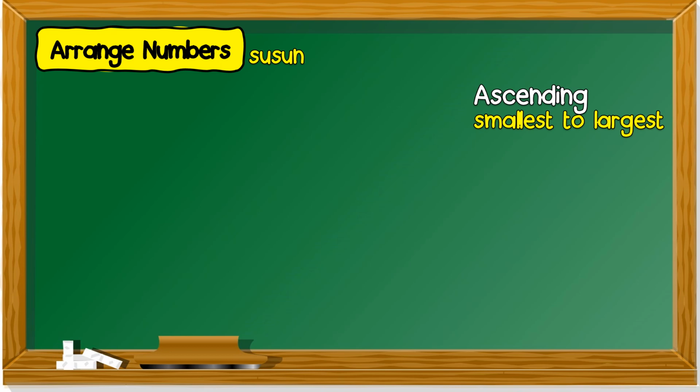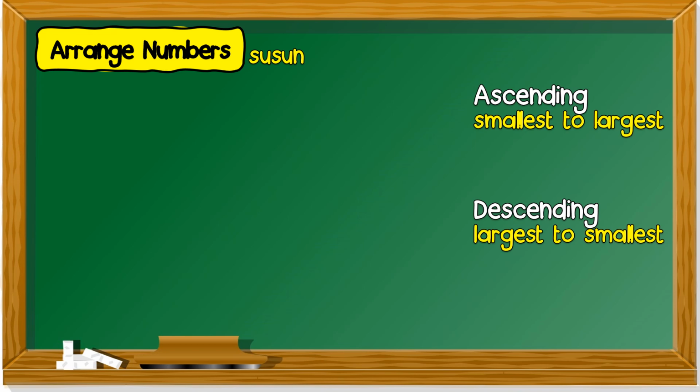The next term is descending. Descending is numbers from largest to smallest. Descending ialah susun nombor yang paling besar ke kecil, dari besar hingga ke kecil.